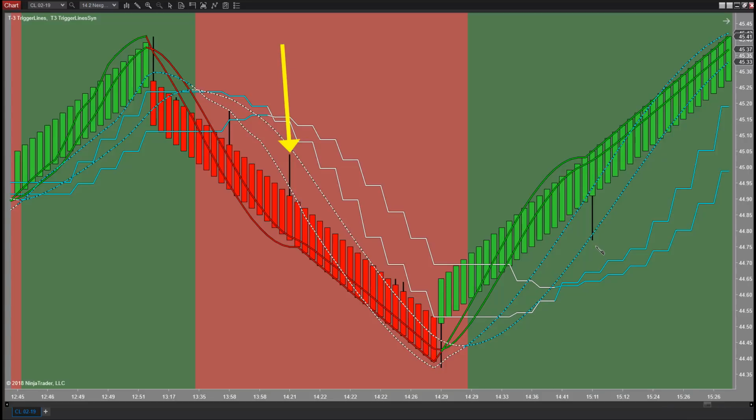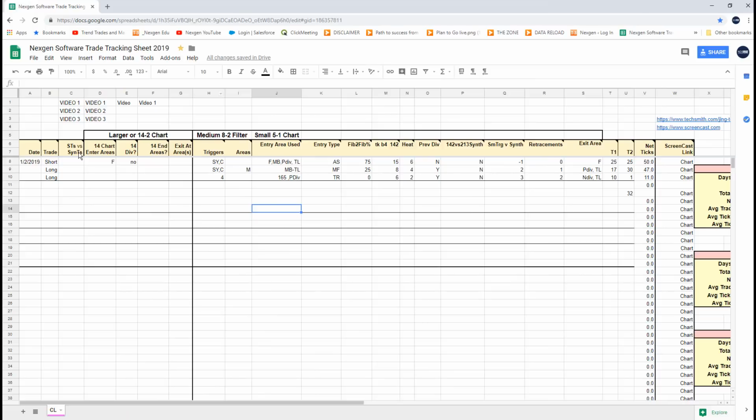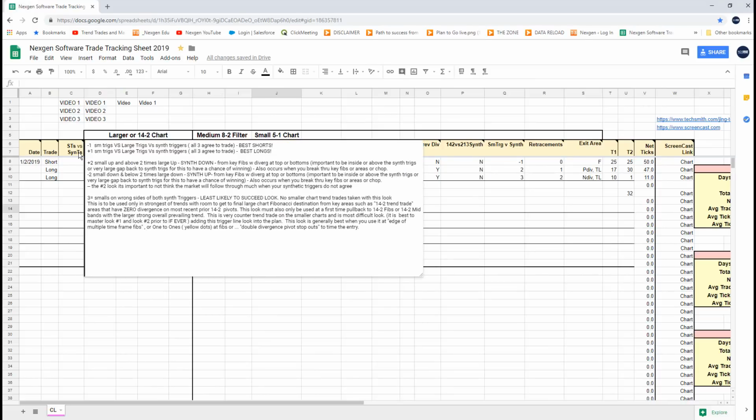There's one there and there's one here. You'll see this configuration in the tracking sheet. Very straightforward: number 1 is when the small triggers, the larger 2-time trigger, and the synthetic triggers all agree. That's when you get your best shorts or your best longs for trend trades.